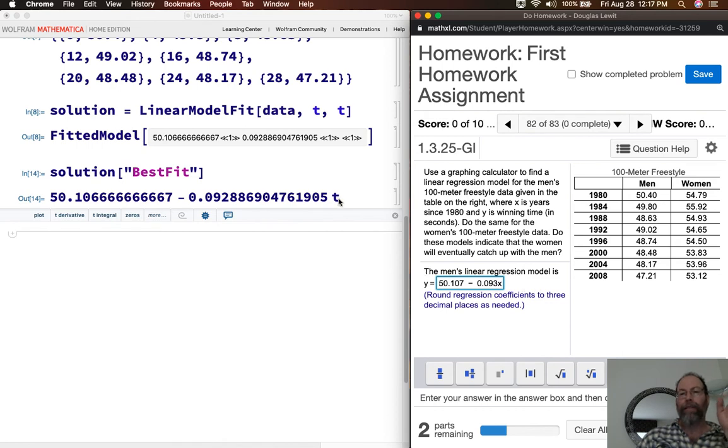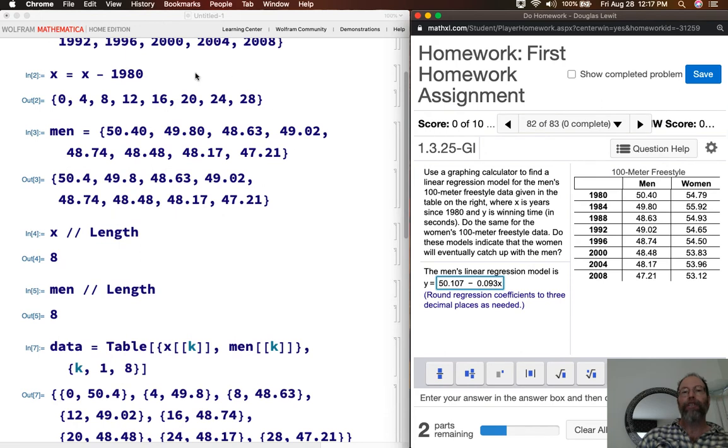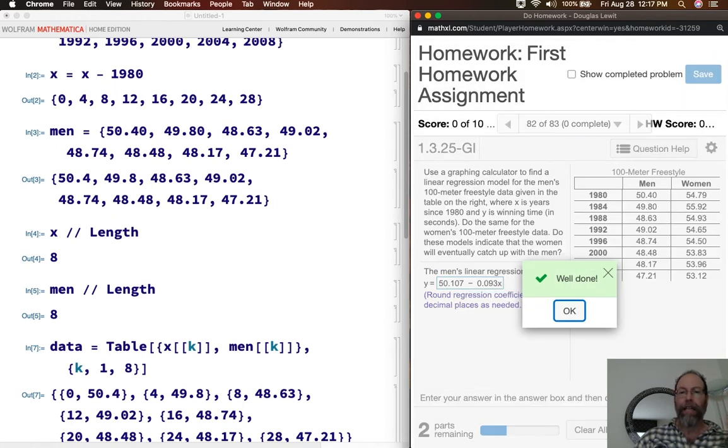I can't use X here in Mathematica because I used X already to store these values that represent the years since 1980. But I can go ahead and use the X value here in Pearson because Pearson and Mathematica are separate. Let's check the answer. Okay, that is correct.